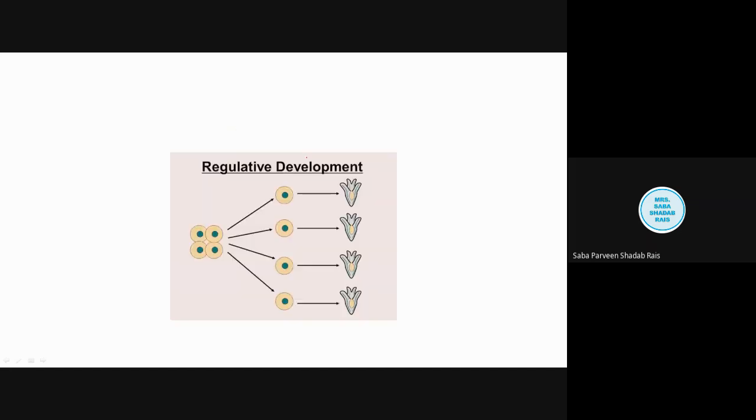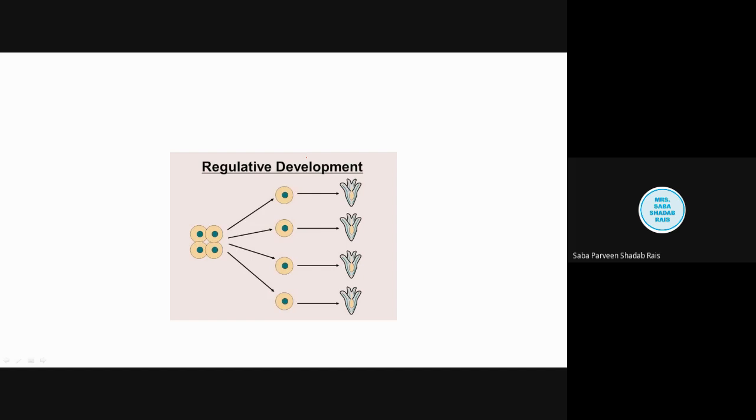Examples of such eggs are polychaetes, nemertines, annelids, mollusks, as well as ascidians. Now, opposite to that is the regulative development. In this egg, development is regulative, meaning each and every part of the egg, when divided, has the potential to become the entire embryo.